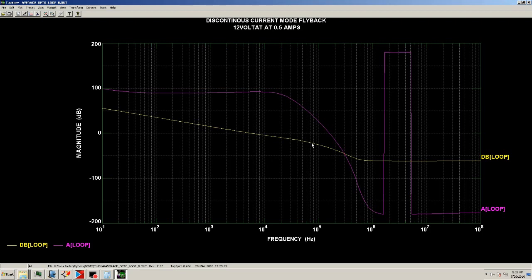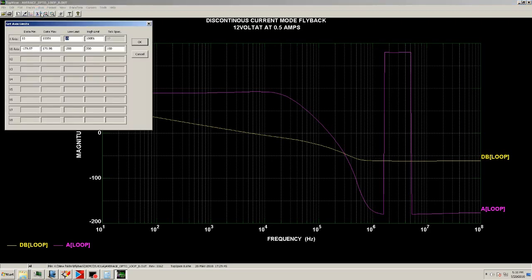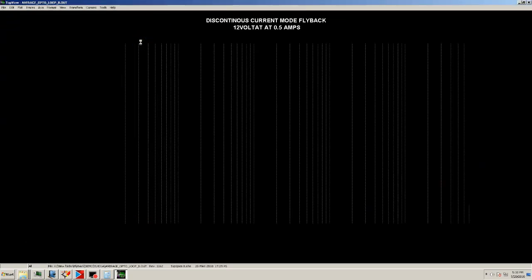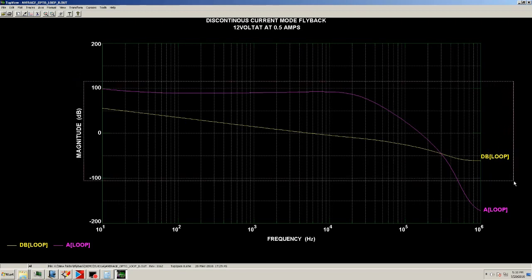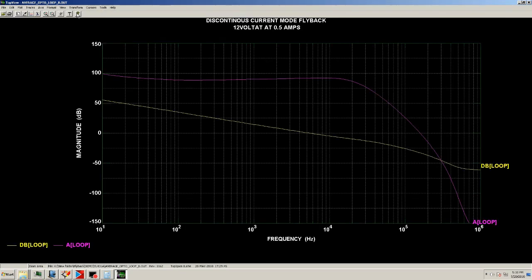That's where it's kicking in. Now the important part is here. We can disregard all of this. Let's move this to the other side. So this is our compensated loop.